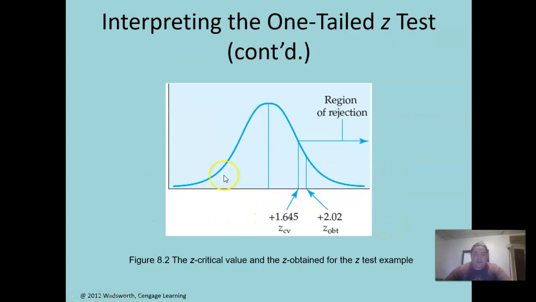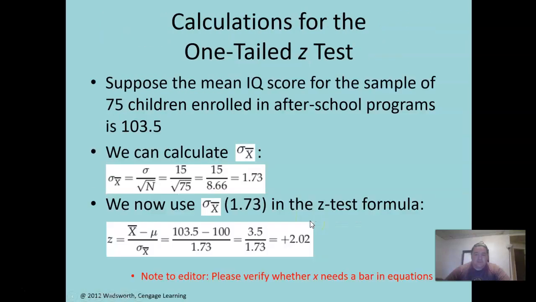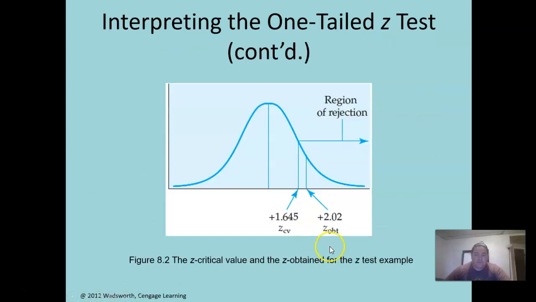So when we look at the test score here, if this is a normal distribution for z, we are looking at 1.645 being where we're going to reject it. And our value from the test was 2.02. So it is in this region of rejection.